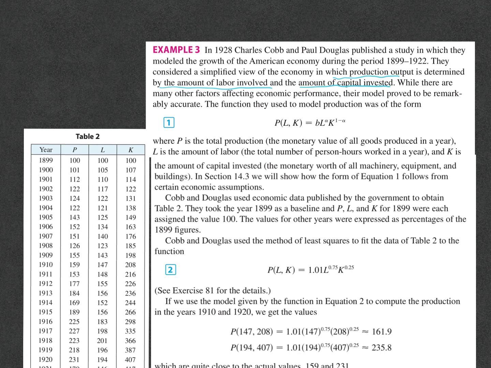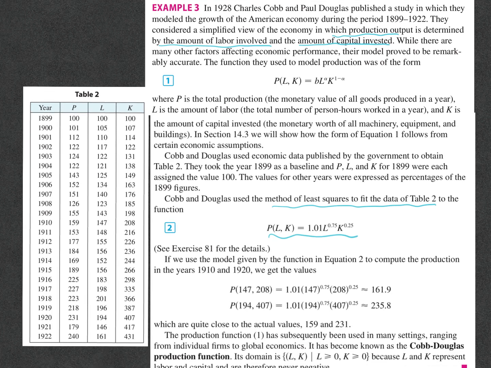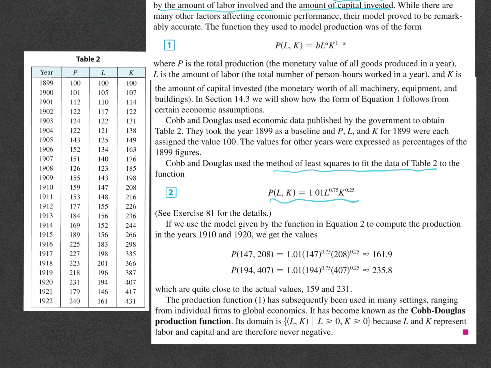And I wanted you to see they used the method of least squares to fit the table to this function. So here they have a function using the algebra that you've learned along the way. And it says if we use the model given, then we can see two results in the years 1910 and 1920.